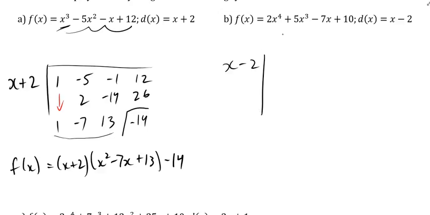Again, look carefully what's happening here. What's happening? Anybody notice it? So I've got 2x to the 4th, 5x cubed, 0x squared, negative 7x, and positive 10.